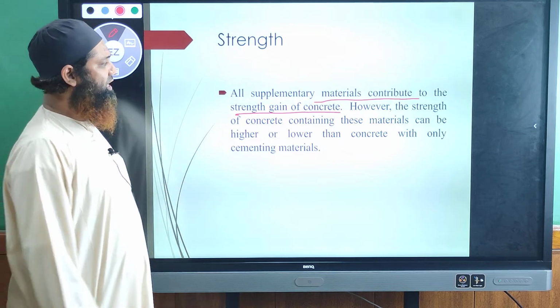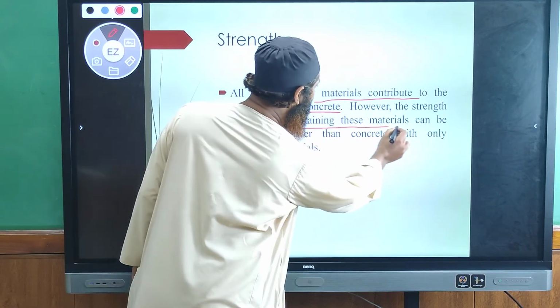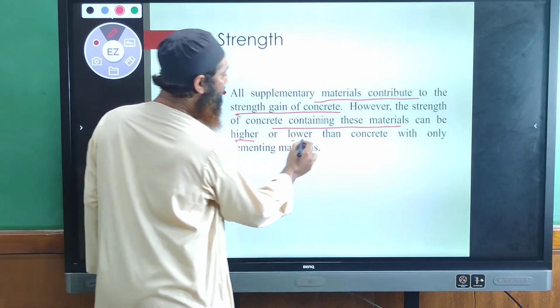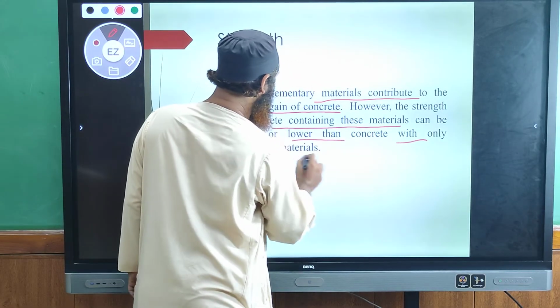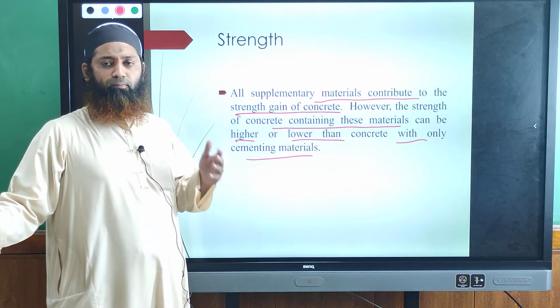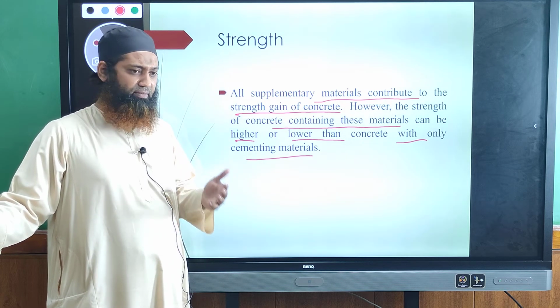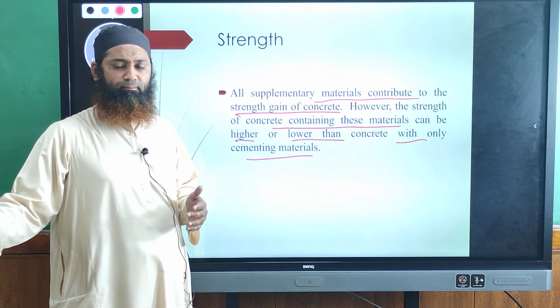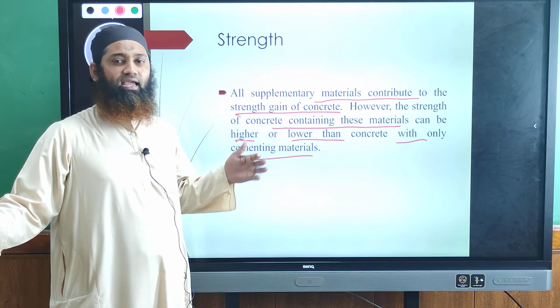However, sometimes the strength of concrete containing these materials can be higher or lower than with only cement. If proper curing is not done, if proper care is not taken, or proper admixtures or superplasticizers are not mixed, then sometimes the strength can decrease.